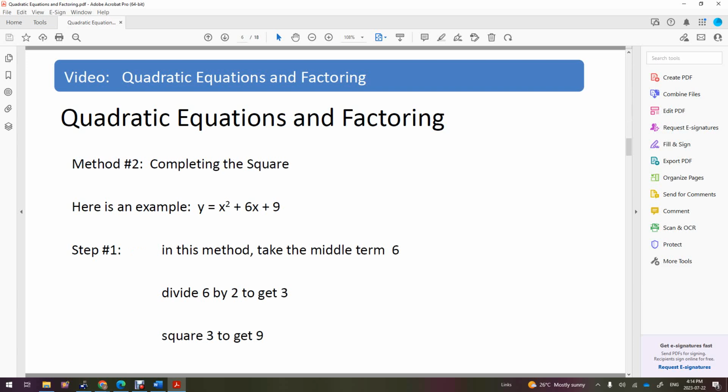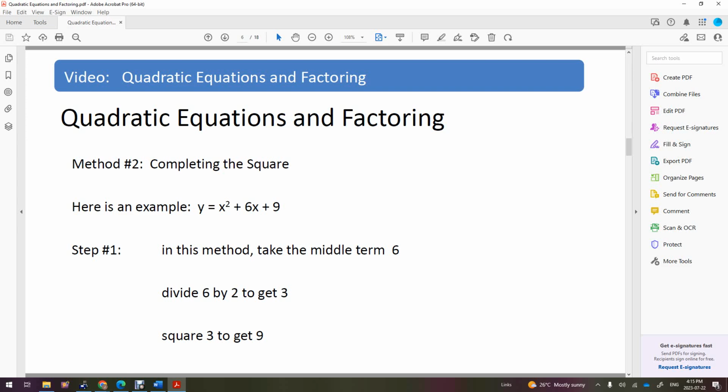Completing the square. Now we're going to go from expanded form to factored form using another method. When we look closely at 6 and 9, we can see a special relationship. If we take the middle term 6, we divide 6 by 2, we get 3, and we know that 3 squared is 9.